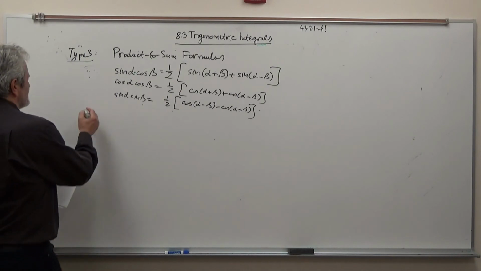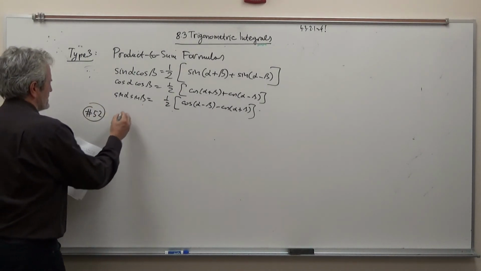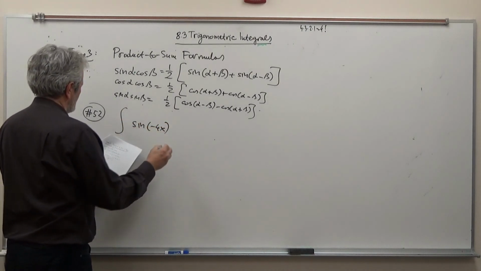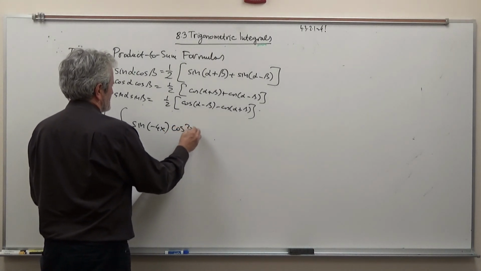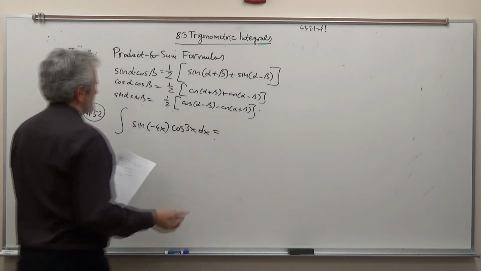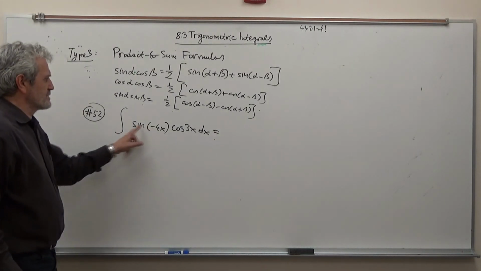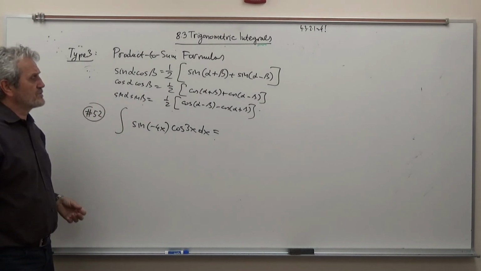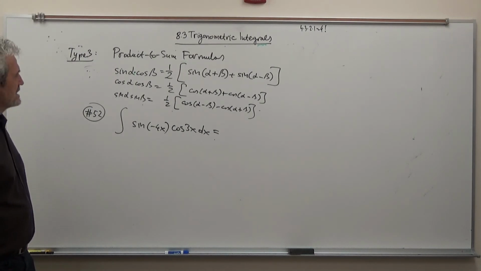So here it is. Example number 52. You do the integral of sine negative 4x cosine 3x dx. Of course, you can pull out this minus from sine because it's an odd function, or you don't have to because no one says that these angles must have positive constants or anything like that.